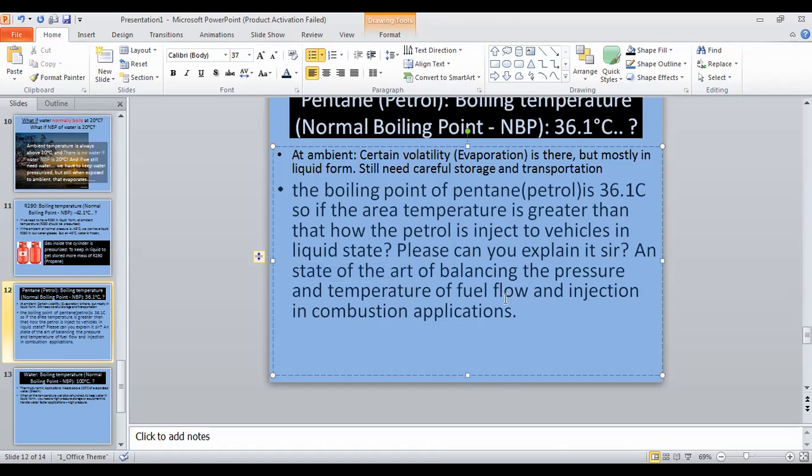There was a time of no petrol injection systems, only diesel. But now we have petrol injections. So immediately after injection, effective combustion may occur, turning into droplets and immediate gasification.